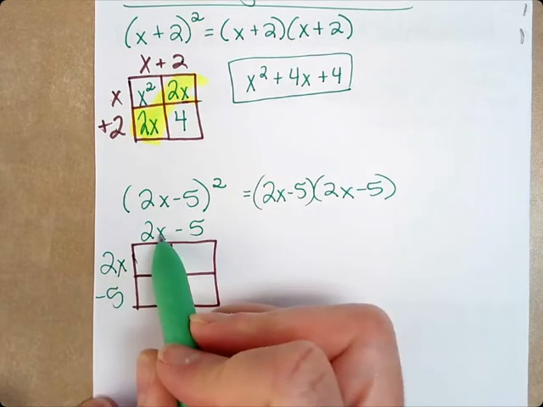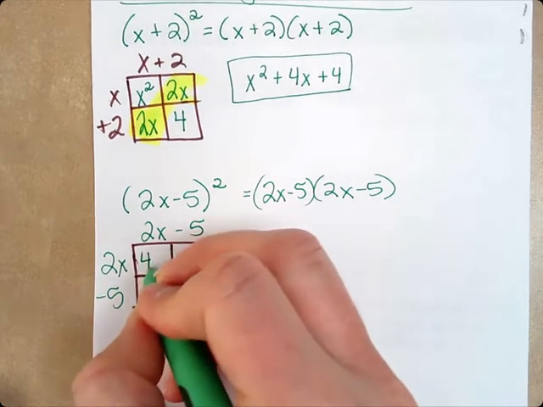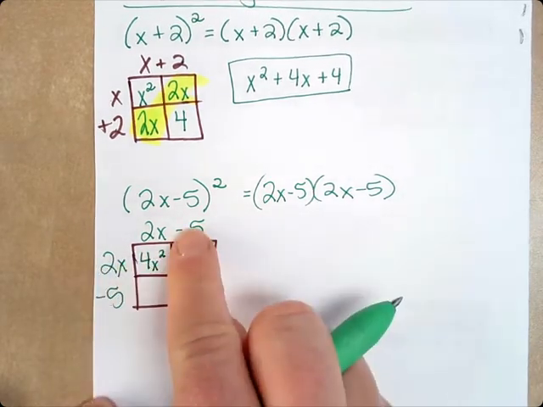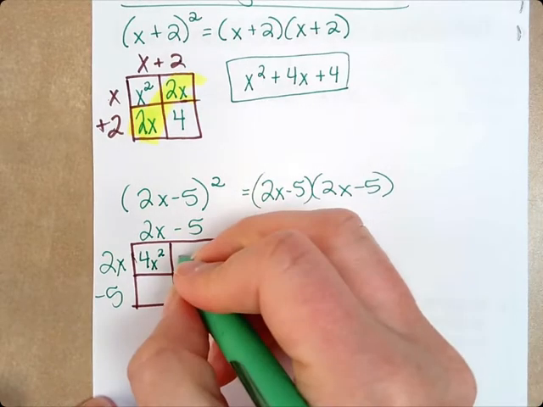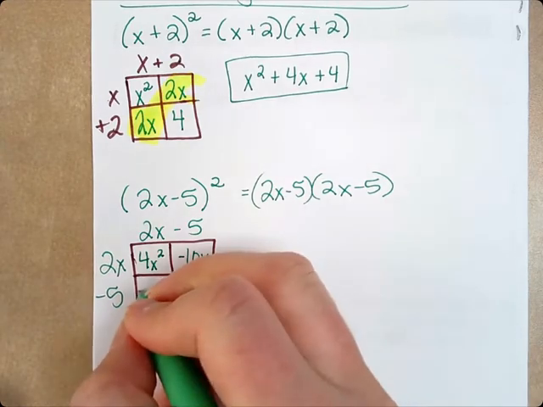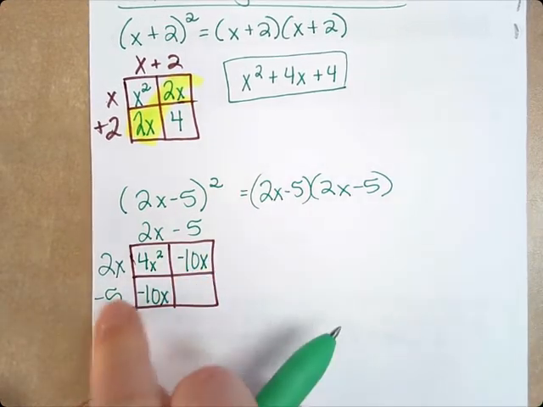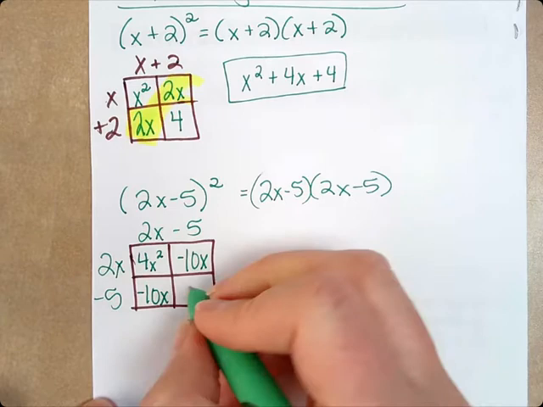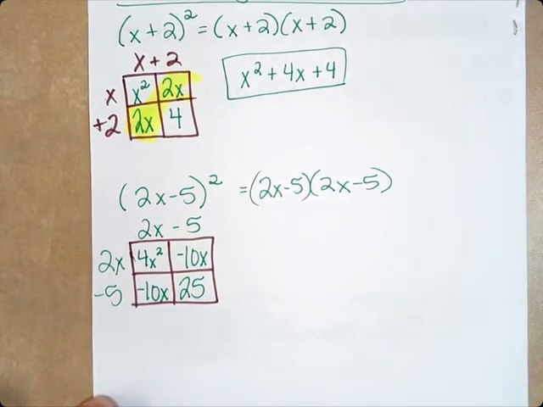So 2x times 2x, 4x squared. 2x times a negative 5. 2x times a negative 5. Negative 5 times negative 5, positive 25.